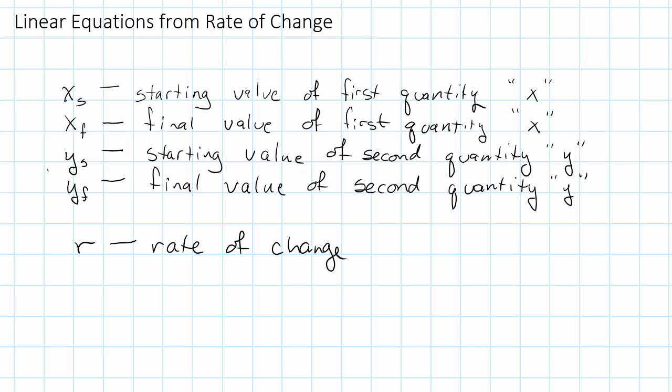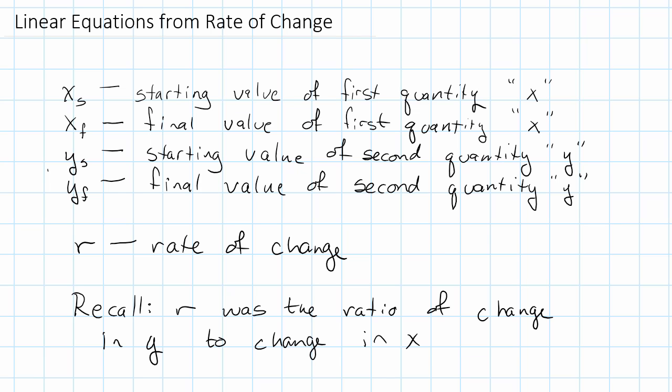And we'd like to come up with a somewhat easier way to work with these. Well, okay, keep in mind that r was a ratio, right? So that means that r was the ratio of the change in y to the change in x.